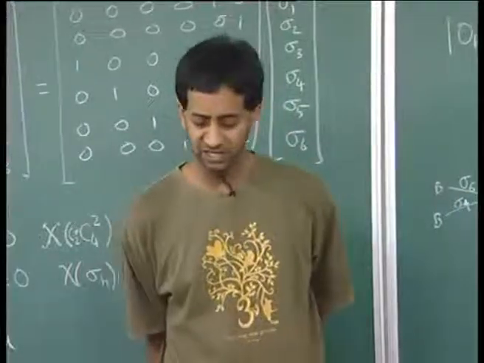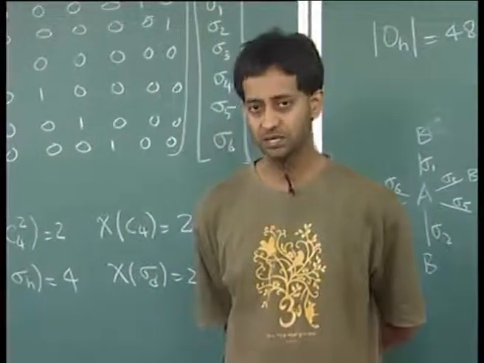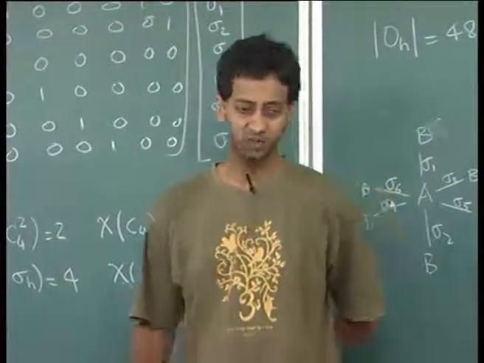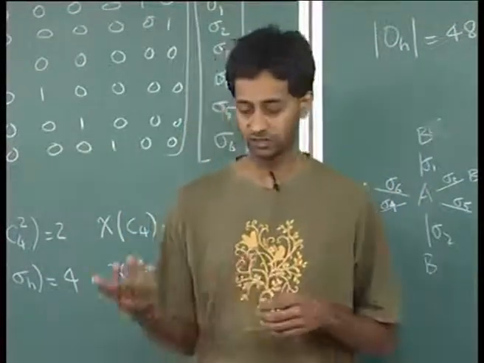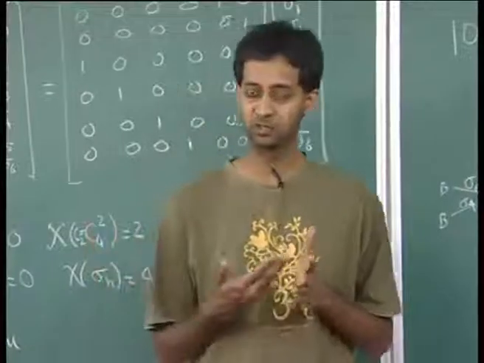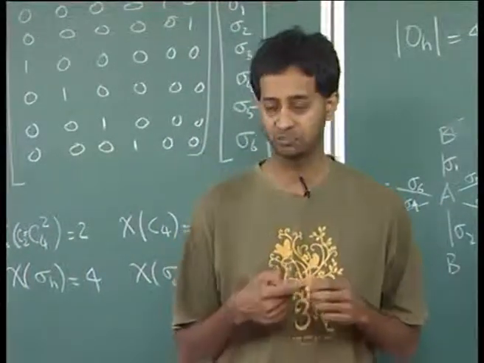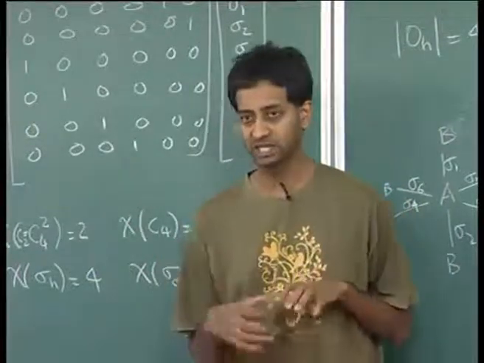For two dimensional irreducible representations, if you use the characters, you have less information than using all the matrix elements. A character of a two dimensional matrix is just one number, whereas a 2 by 2 matrix has 4 numbers.